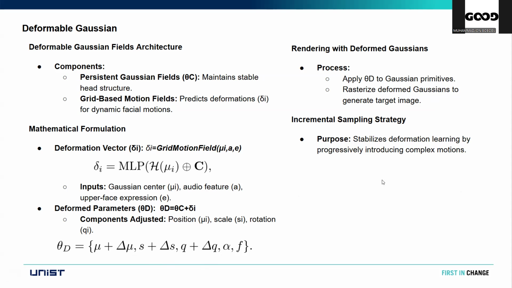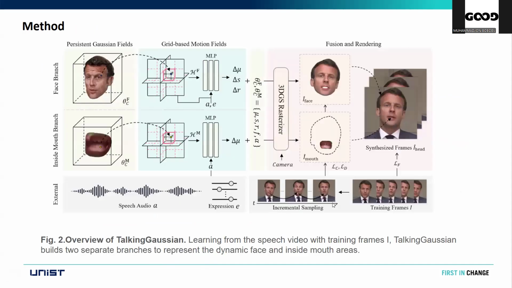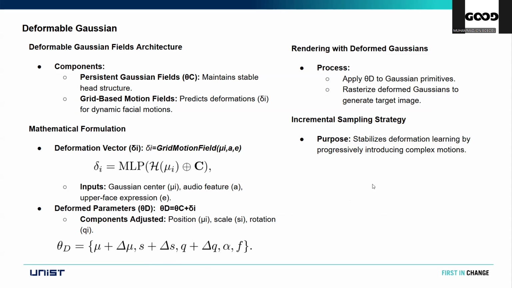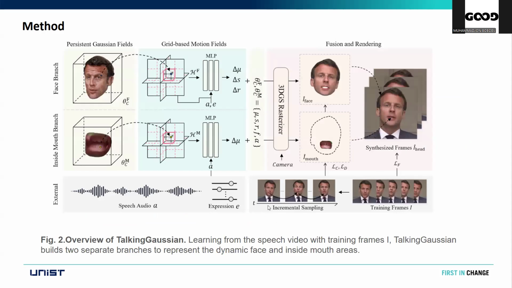One of the things I didn't mention on the pipeline is that they use incremental sampling. The reason is that it is very useful to stabilize deformation learning by progressively introducing complex motion. If we just randomly sample, for example, time frame 1 and then time frame 10 or time frame 20, the amount of deformation that we need to apply is very large.